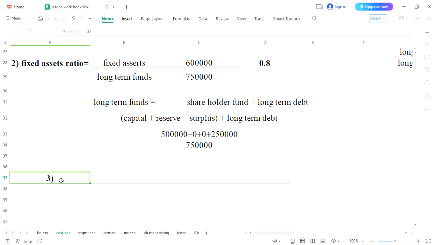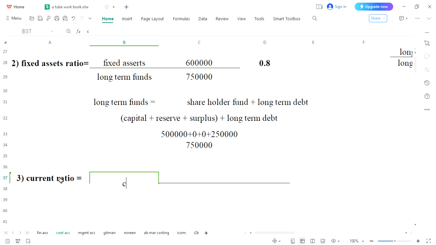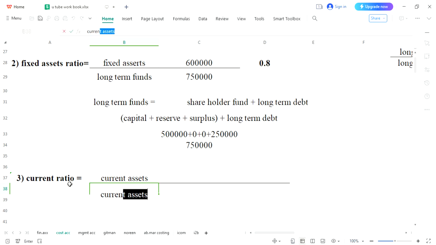Now we will see short-term solvency. For that, the first ratio which we will calculate would be current ratio. I'm sure you have memorized these formulas. Current assets are to be divided by current liabilities.